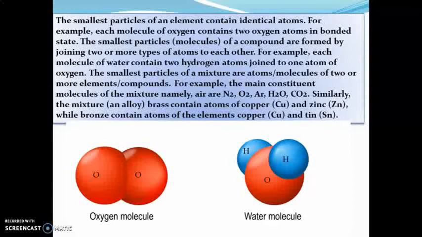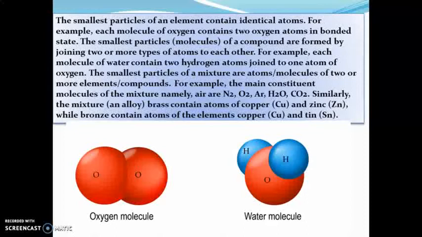The smallest particles of a mixture are atoms or molecules of 2 or more different elements or compounds.